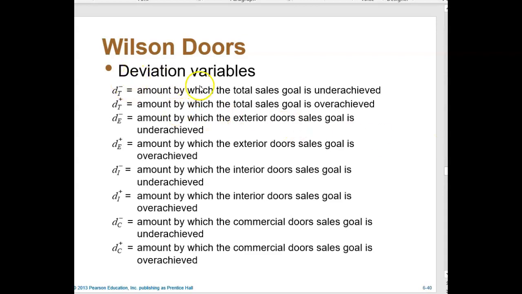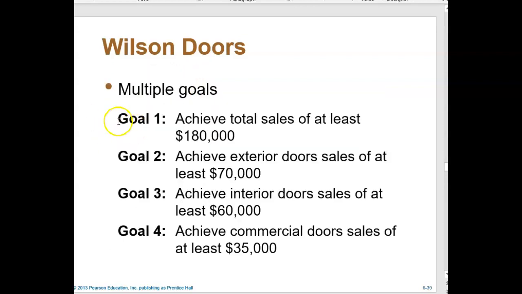As I mentioned earlier, deviation variables are variables that measure how far away from your target you are. So let's take a look again at the 4 goals. Let's take goal number 1, and we will call it the total sales goal. The total sales goal is to achieve total sales of at least $180,000.